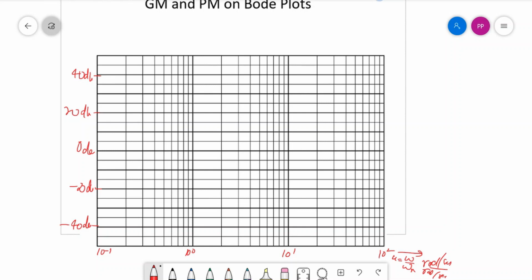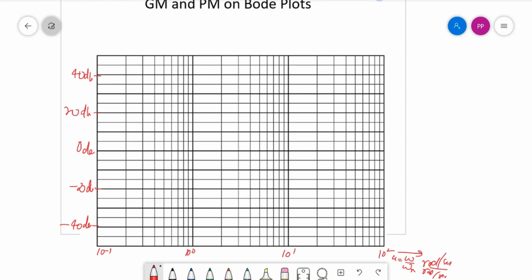Now suppose I am trying to draw the Bode plot. As we have discussed, it is the gain crossover frequency which comes first.